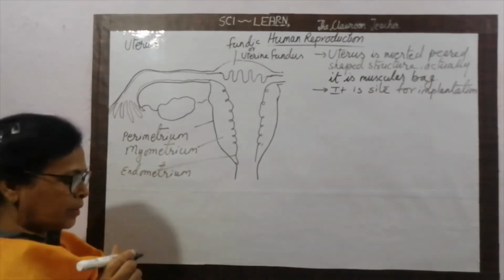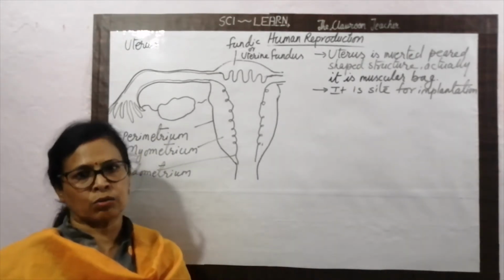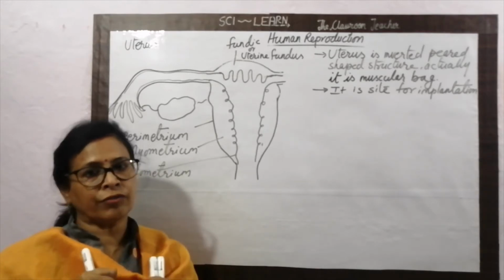As I told you, it is the place where the baby has to stay up to 9 months, so it is a highly muscular part with a lot of strength.